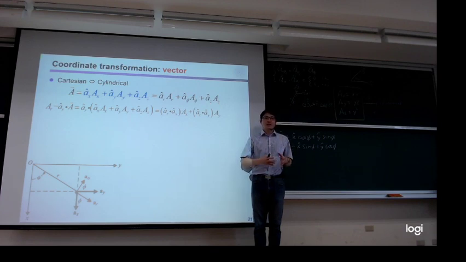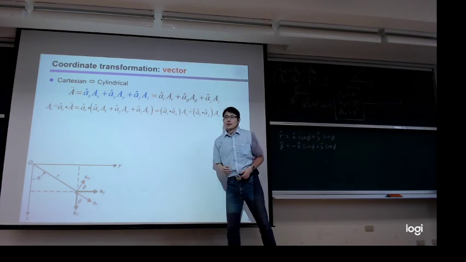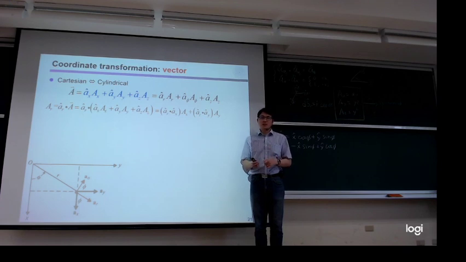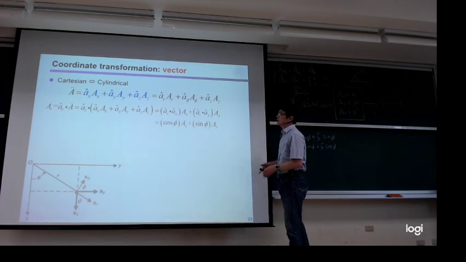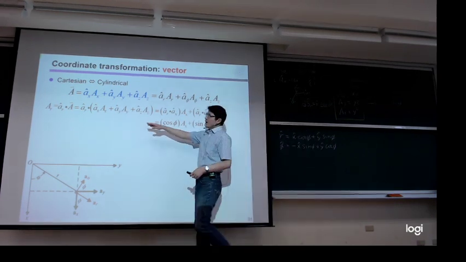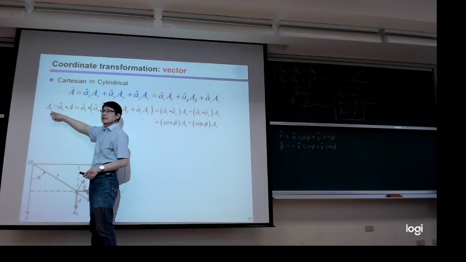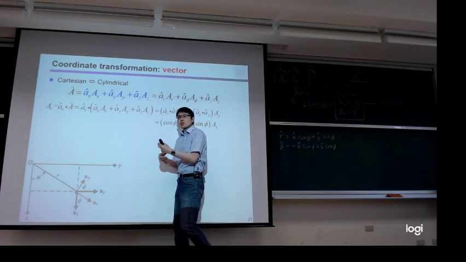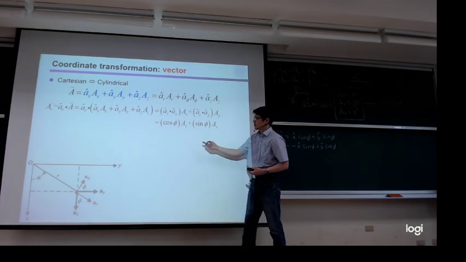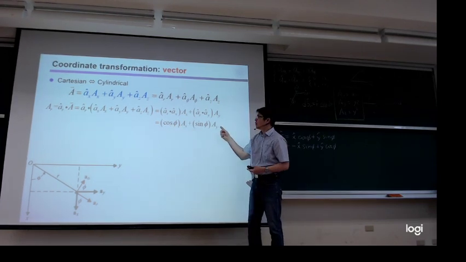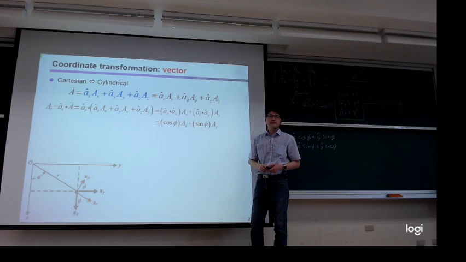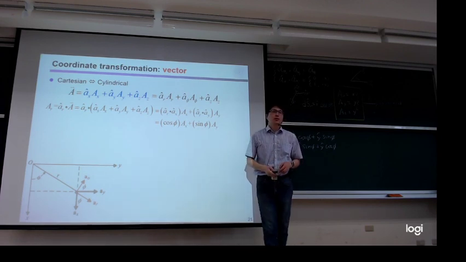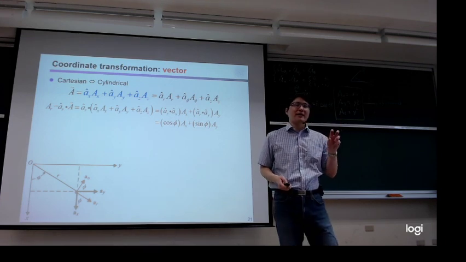All the conversions rely on your deep understanding of the four unit vectors. Once you know their relationships, you know how to do the conversion. So that Ar component is coming from both Ax and Ay, but with a scaling factor: Ax times cosine phi, Ay times sine phi. Okay?